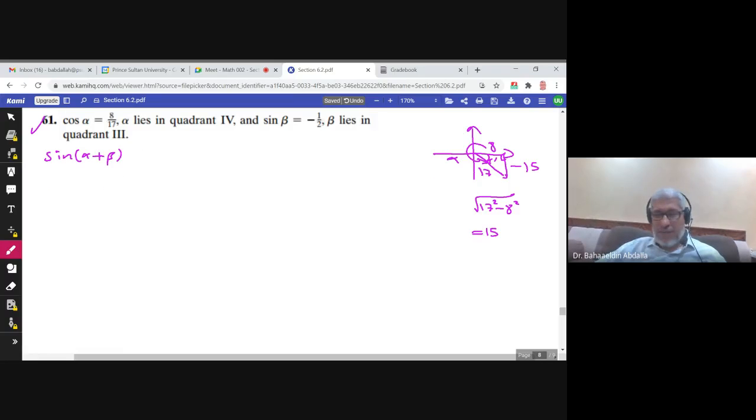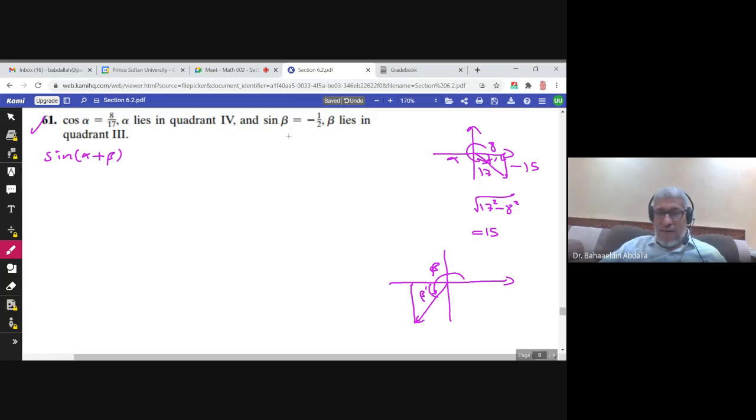Where is beta? Beta lies in the third quadrant. Good. So this is the angle beta in standard position, and this angle is beta prime, the reference angle of beta. All right, what do you know about beta? I know that the sine is negative one half.